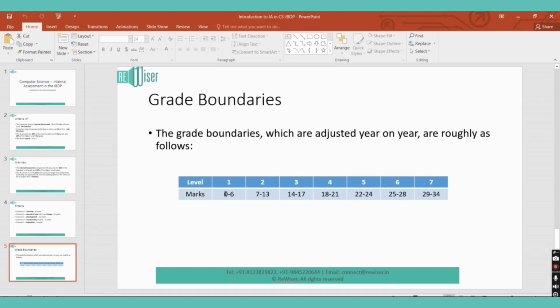So if you secure anywhere between 0 to 6 marks, you will be given grade 1. Of course, nobody falls into that. Anything you do come across within this particular range, 4 to 7, is actually very good for your overall grade.